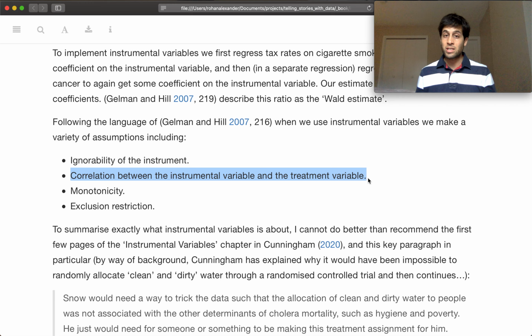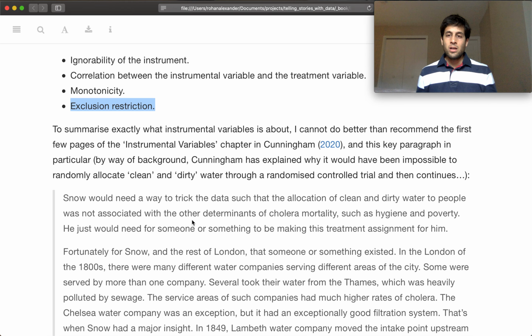So in this smoking case, it's going to be a link between smoking rates and taxes on smoking, and the exclusion restriction, which says that there is no relationship between the tax rates on cigarettes and lung cancer or worse health outcomes.